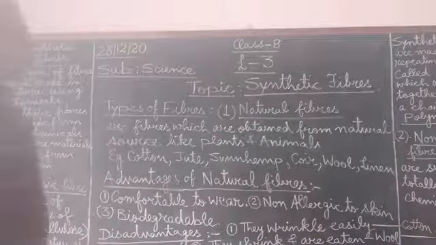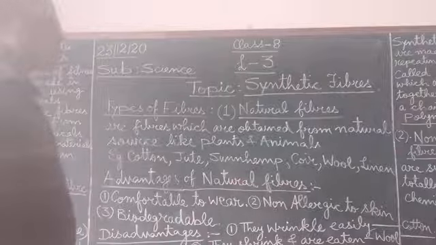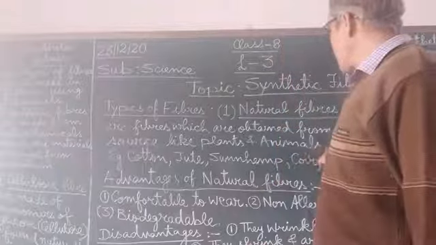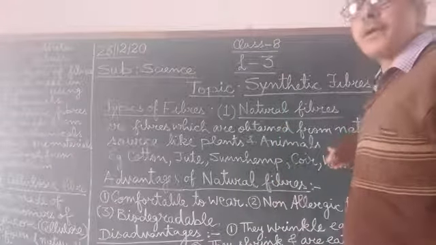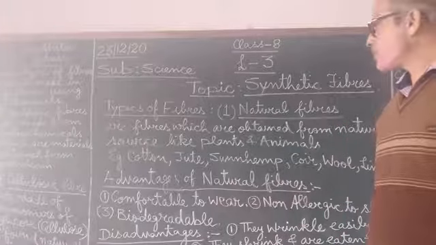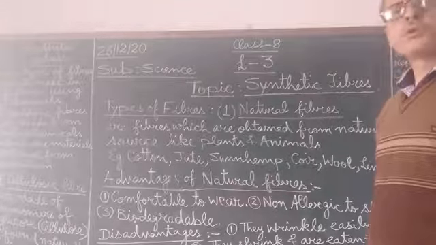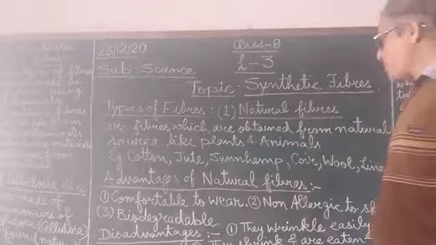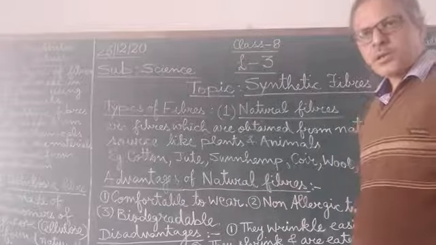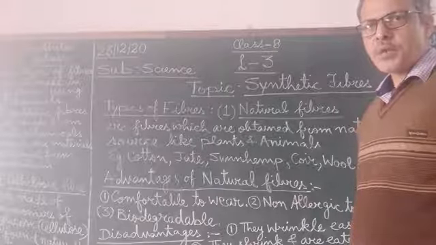So the first type of fiber, that is the natural fiber. These natural fibers are those fibers which are obtained from the plants, or they are obtained from a source like animals. You all have studied in your previous classes about the names of the various types of natural fibers which are obtained from the plants, like cotton, jute, sun hemp, coir, etc. These are some of the major fibers which are obtained from the plants, like cotton, coir, jute, sun hemp and linen.